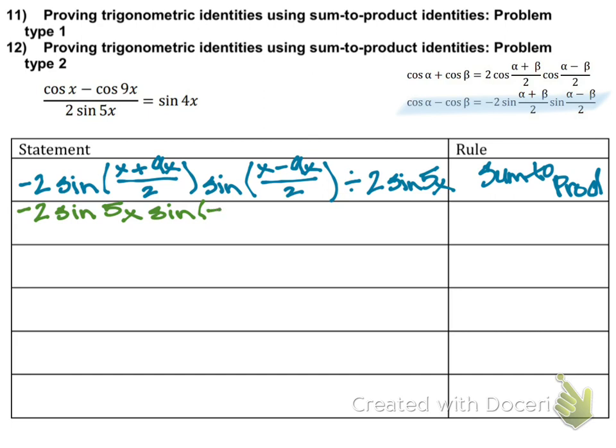Over 2 is negative 4x. And all of that is divided by 2 sine 5x. And all I did there was some algebra, right?